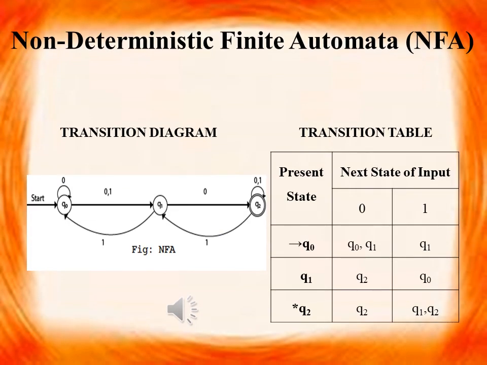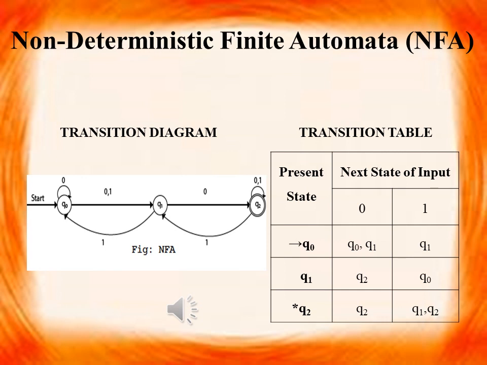By using the non-deterministic finite automata transition diagram, we are going to form the transition table. In the transition table, we are representing the present states, three present states, Q0, Q1 and Q2. Q1 gives the arrow, so it indicates the start.